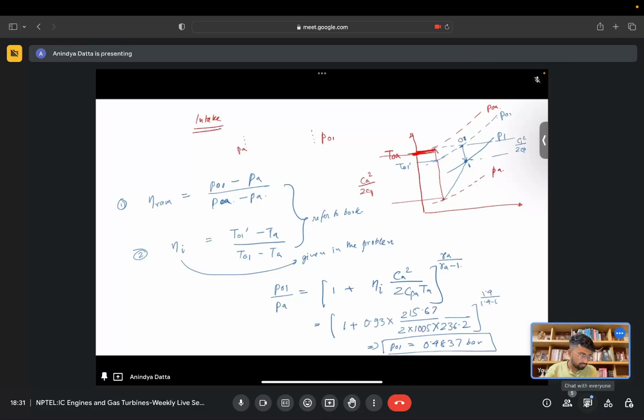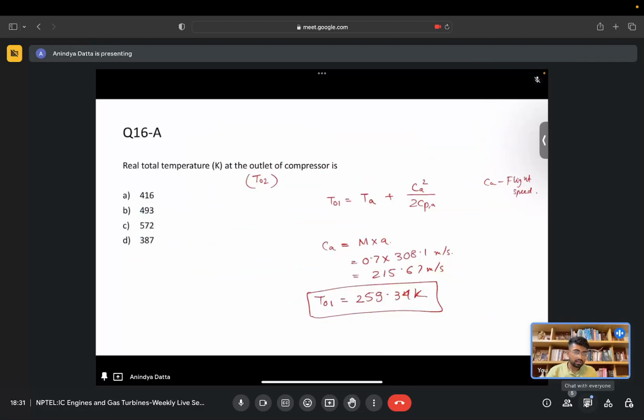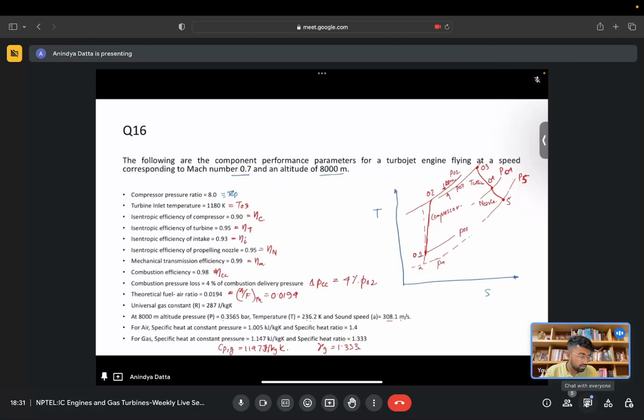Now, if we go back, we know the temperature and pressure at state point 01, which is at the compressor inlet. We know the temperature and pressure values at state point 01, and we know the compressor isentropic efficiency. We also know the pressure ratio, which means we know P02.